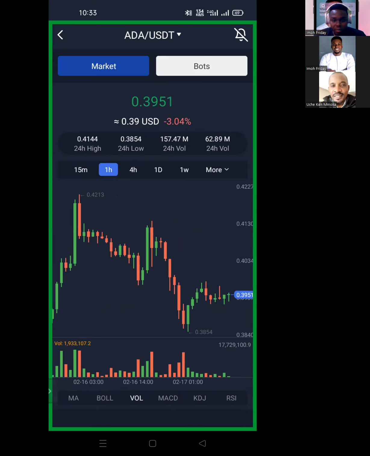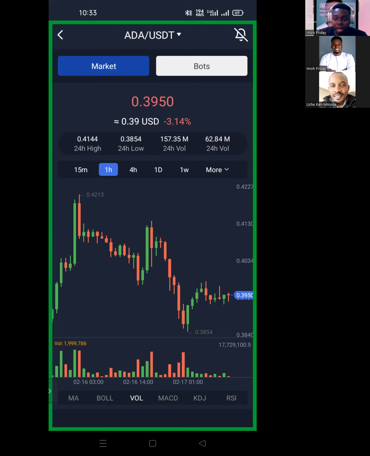For instance, the lowest here is 0.3854 and the highest is 0.421. So if you select the range, I want the grid bot to only buy and sell within this highest and lowest range.